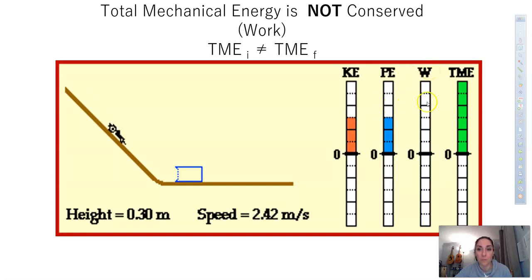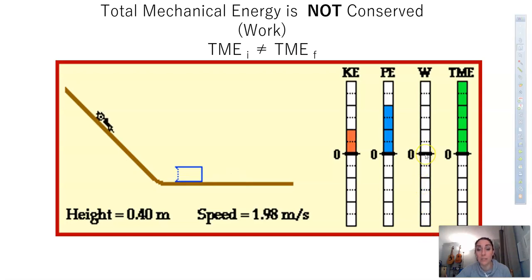Here's when you have work. I want you to watch this a couple times. And in fact, you can actually see this as two parts. First of all, energy is conserved before it hits the box. Notice that. But once it does hit the box, the kinetic energy goes into work done by friction.